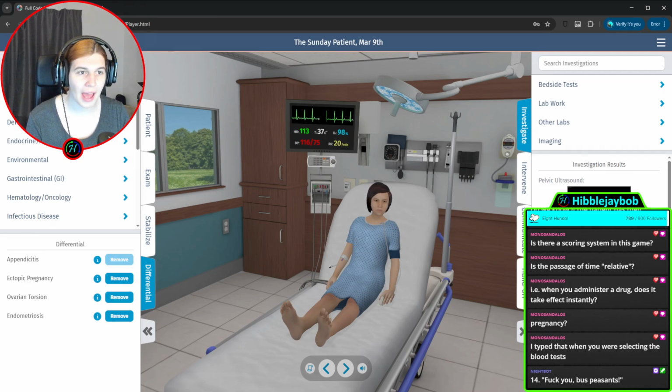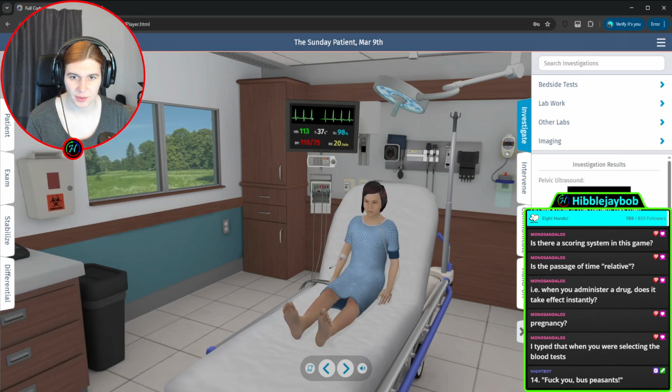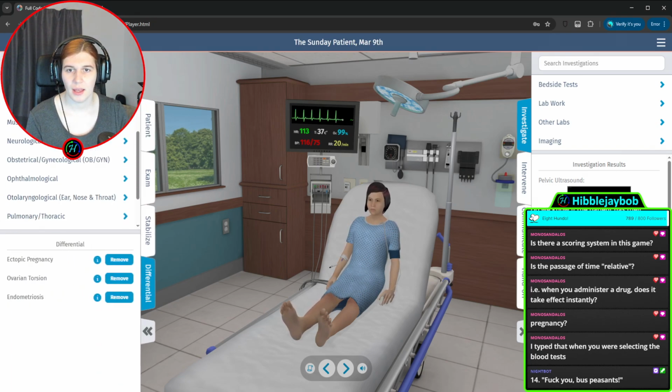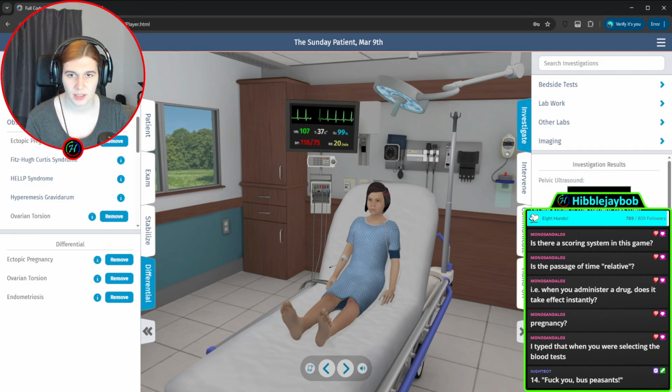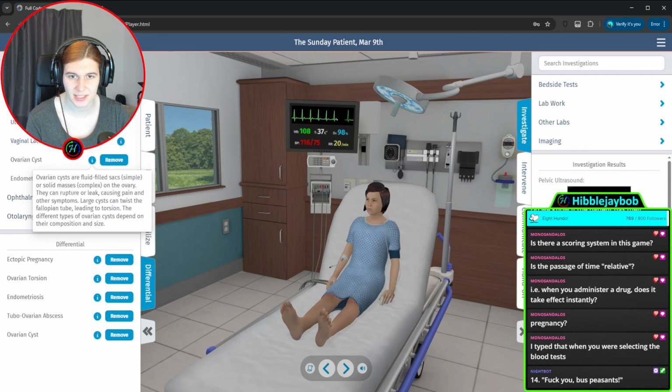Fine. So I think what we're looking at here is the picture of somebody who has some kind of right... hang on, how do I do this again? So let's go to this. So what did we say? We said tubo-ovarian abscess is an option, and ovarian cysts.